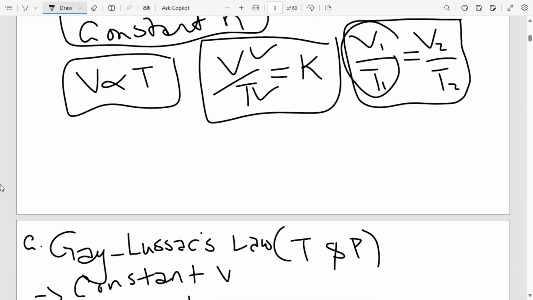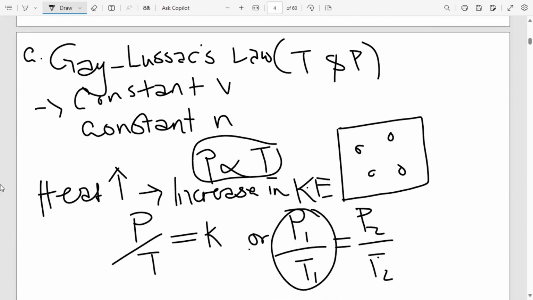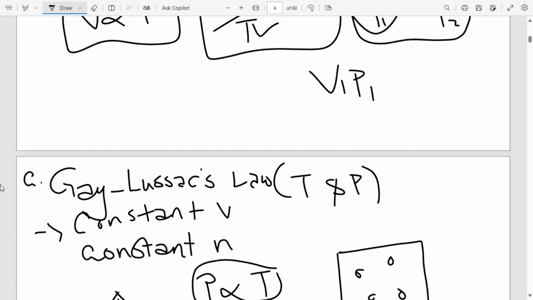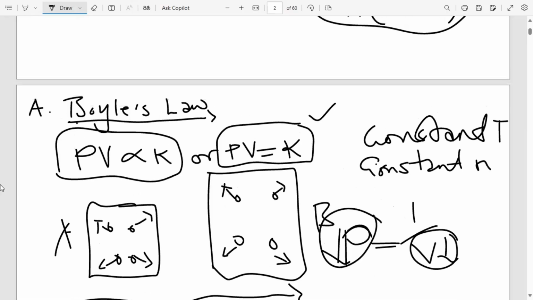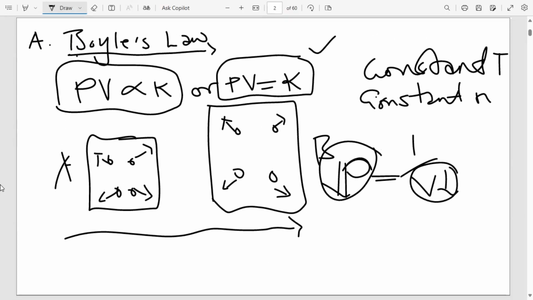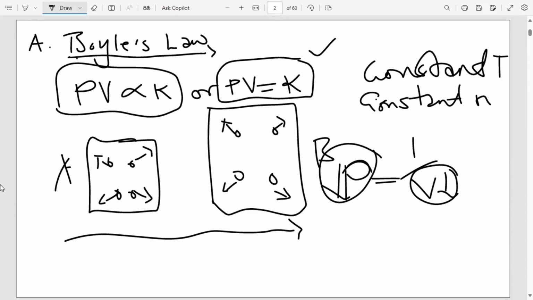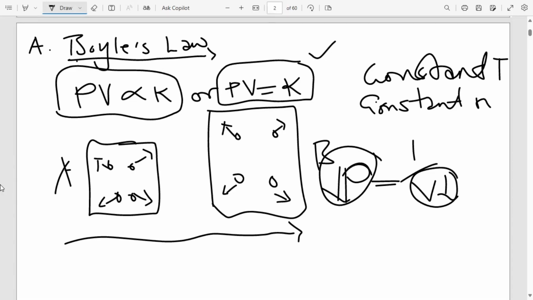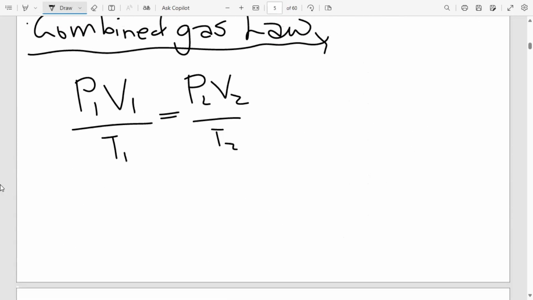So we're having volume as a numerator like that, and here we're having pressure as the numerator, whilst on both sides we're having temperature as the denominator, and the case is the same when it comes to Boyle's law. Everything is one and the same. So that is how we can come about the combined gas law.